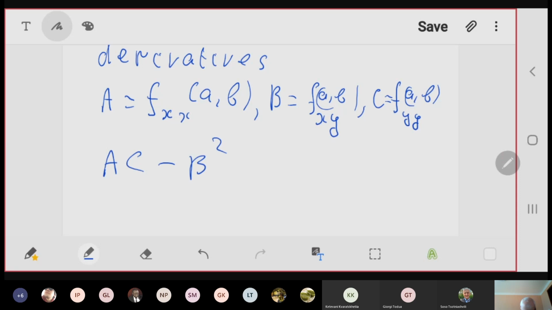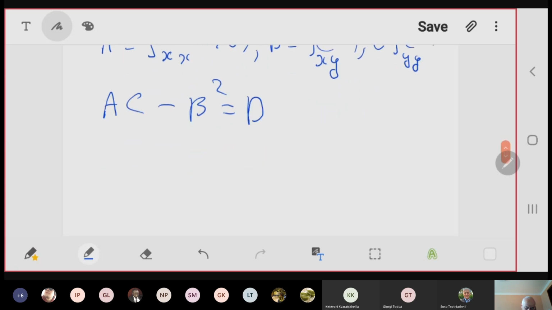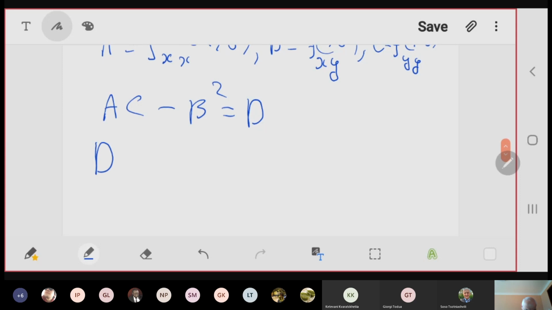Now let's denote it by D. Now, if D is less than 0, if D is negative, you can finish your problem, because when D is less than 0, it means that we have no local extremum.